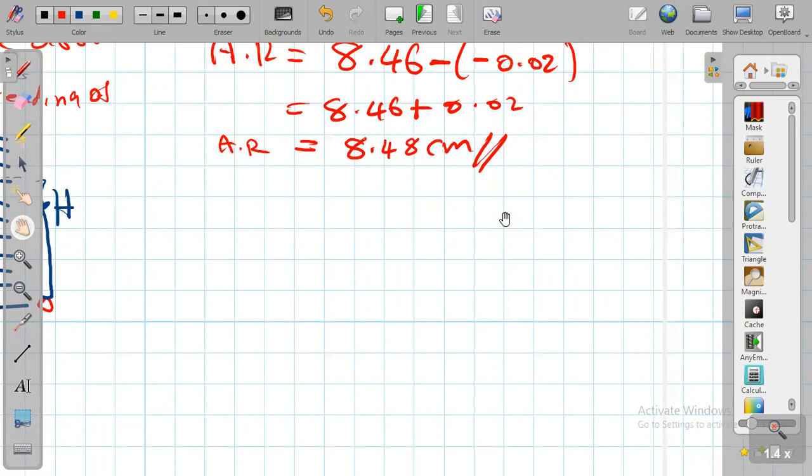Sorry, reasons for zero errors, not positive. Reasons for zero errors. Write the first one in a new line. Positive error may occur due to manufacturing error.